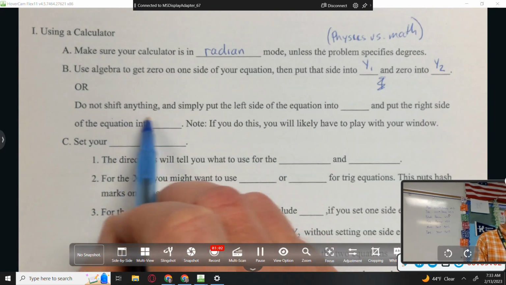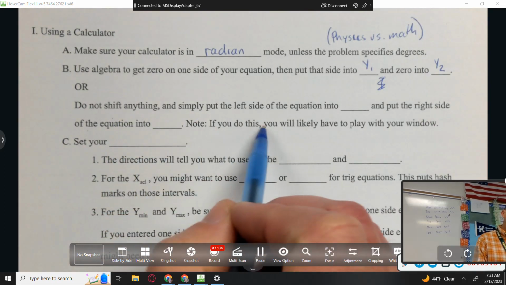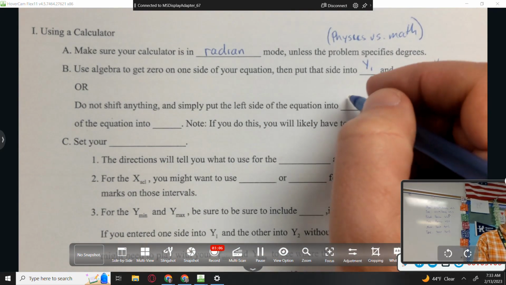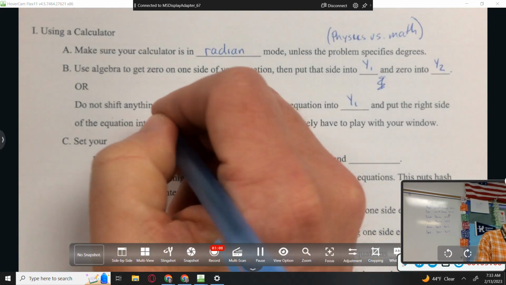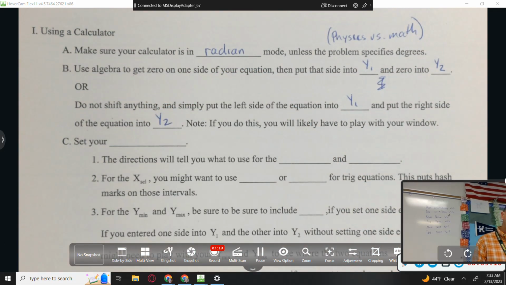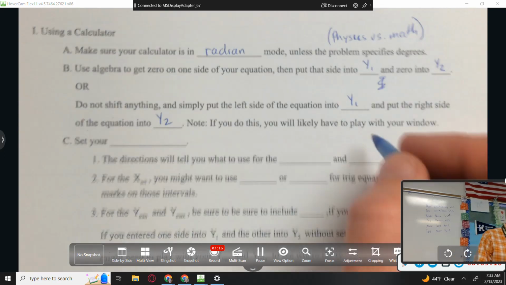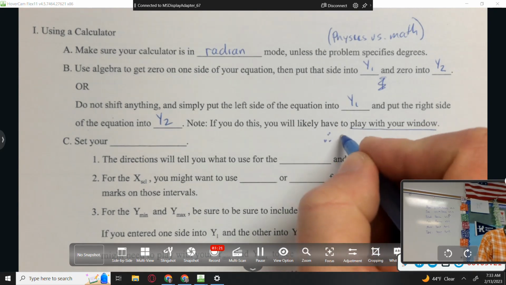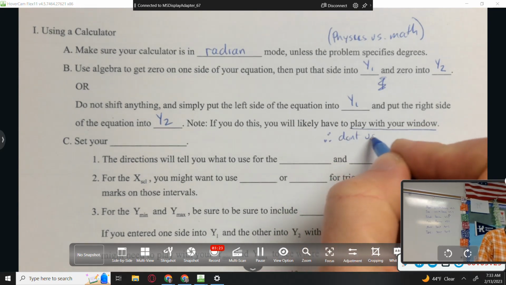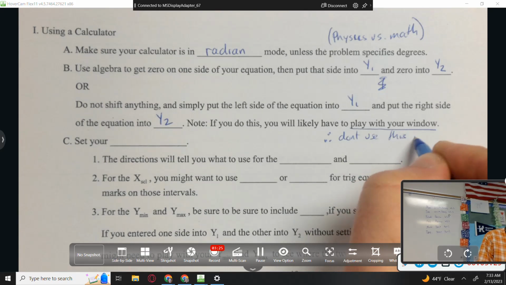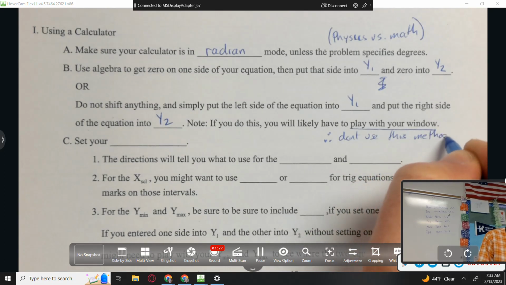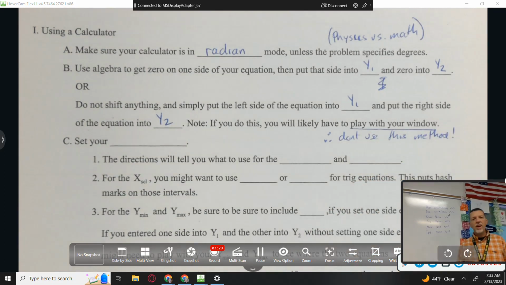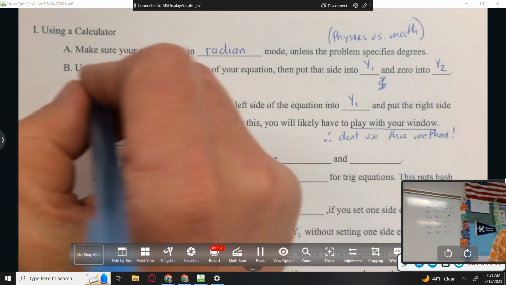Or do not shift anything: simply put the left side of the equation into y1 and the right side of the equation into y2. If you do this, you will likely have to play with your window. Therefore, don't use this method. I would say use method number 1.